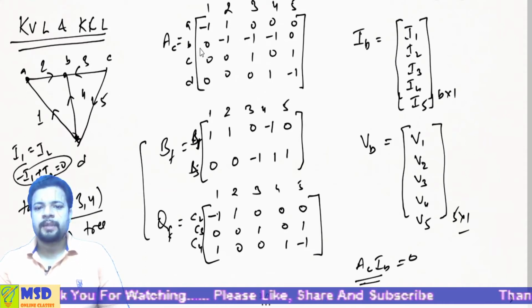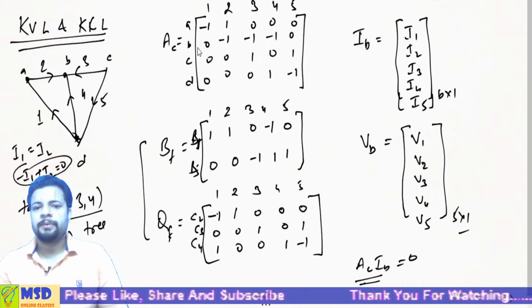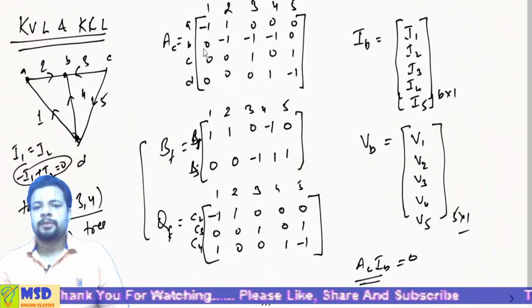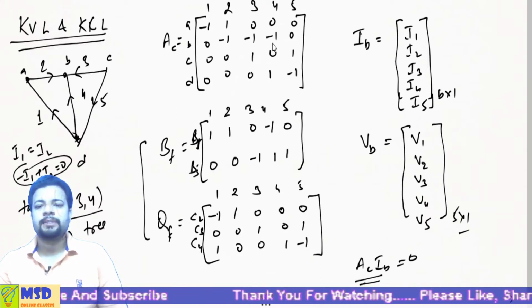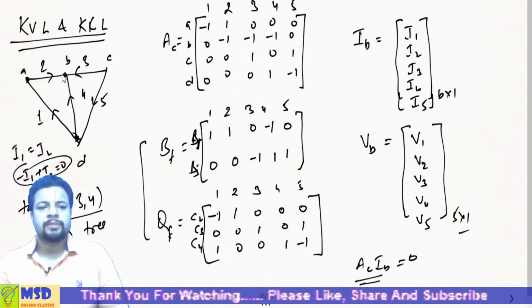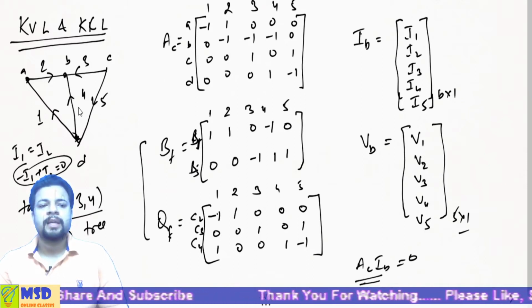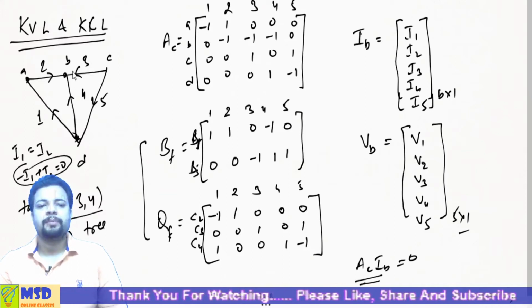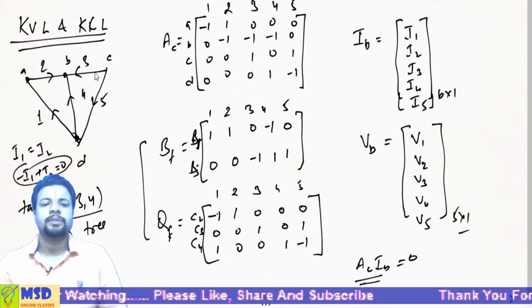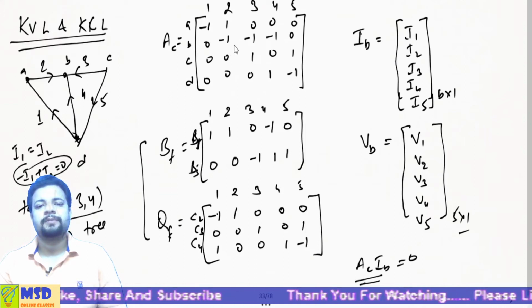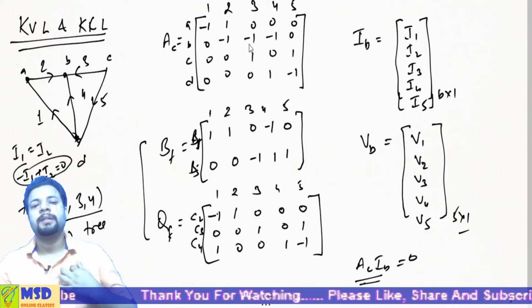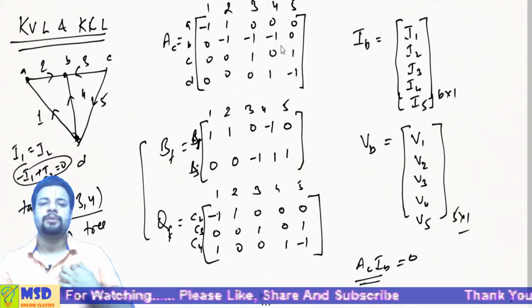Now similarly, if you watch the multiplication of second row with this column, we can observe here is minus I2, minus I3, minus I4. Now see this node, at this node we have all the incoming currents. We can write I2 plus I3 plus I4 is equal to 0, or in other words minus I2 minus I3 minus I4 is equal to 0.